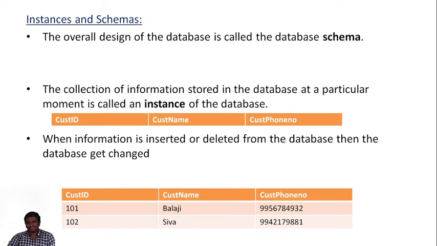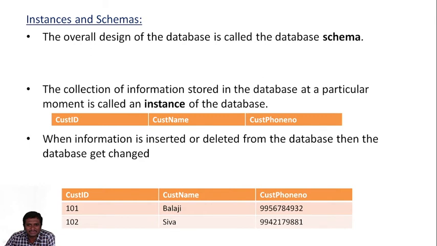An instance is what changes when we make changes in a database. When we insert, delete, or update information, the database gets changed. That is called the instance of the database. This is the database schema: customer ID, customer name, and customer phone number.